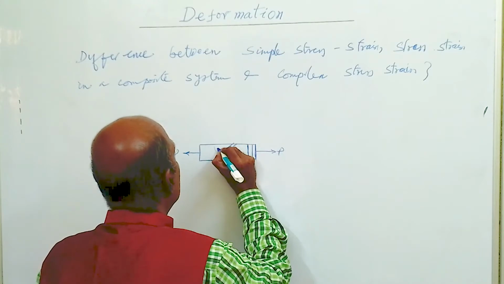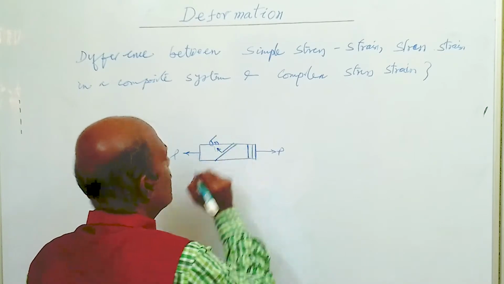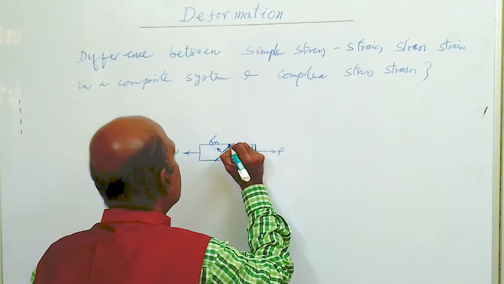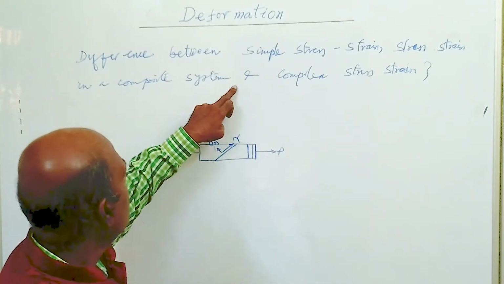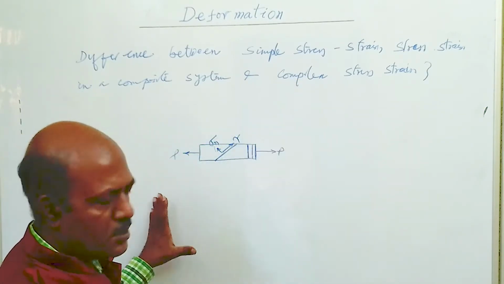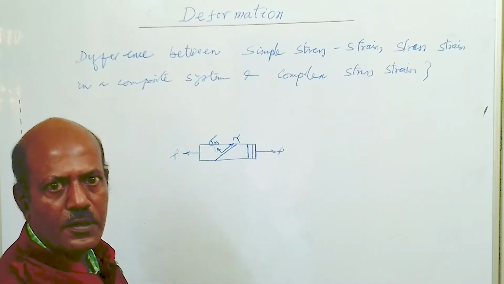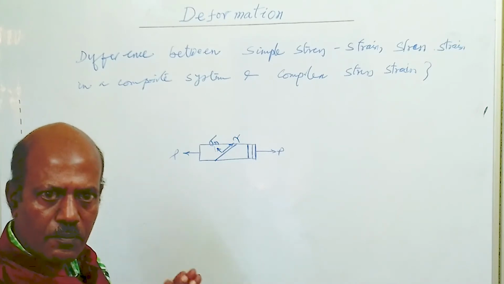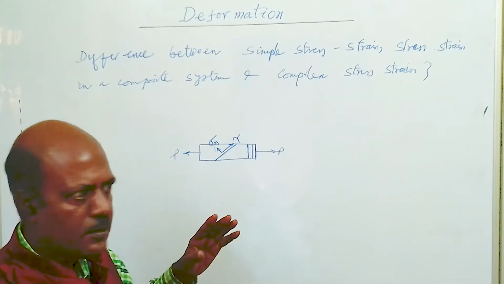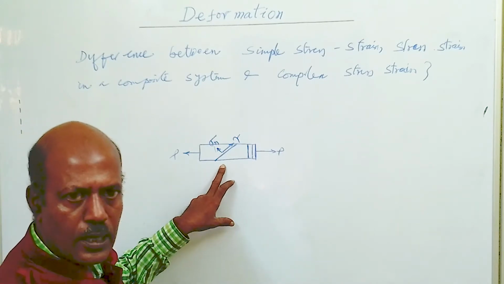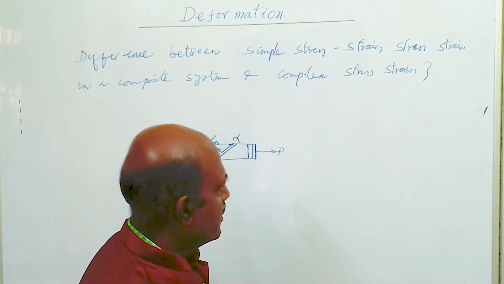One is normal to this inclined surface, known as sigma n, and a shear stress tau will also develop. So this comes under the complex stress strain, whenever the bar is under only normal load, or in combination with normal load and shear load. It may be only in one axis, or it may be in both the axes. So the kind of stress strain developed is called complex stress strain.